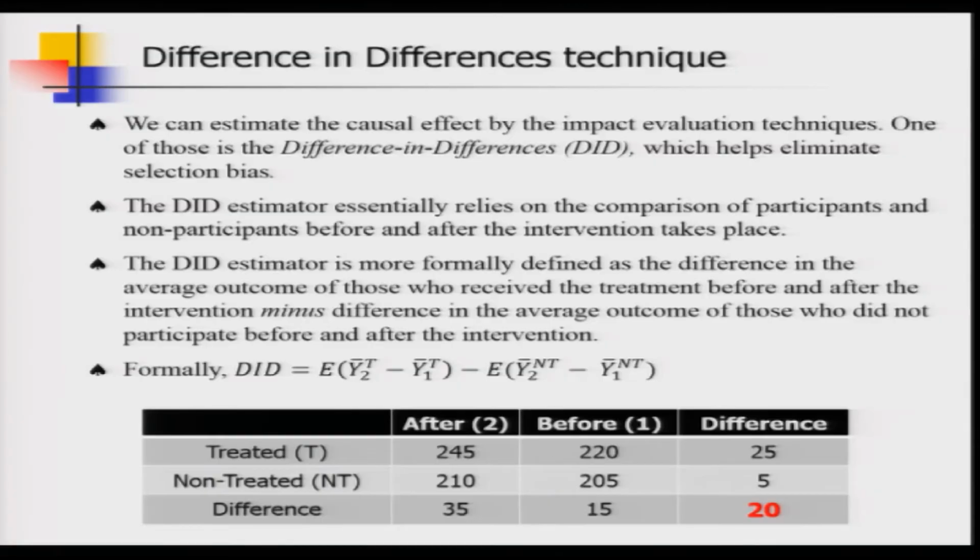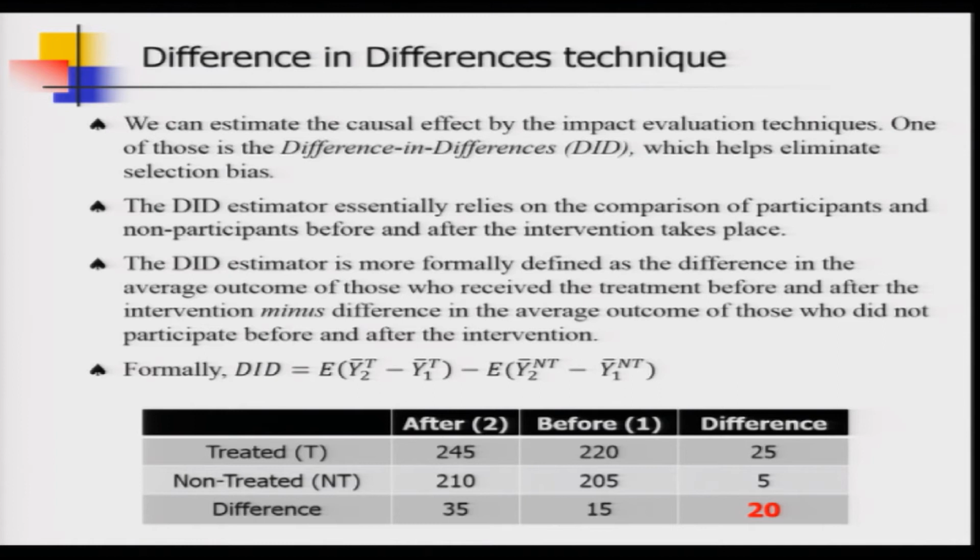Now, this is all theory expressed in terms of words. Let us now look at a very simple hypothetical example, so that we can understand how this technique works. Concentrate on the table shown at the bottom here, and you see that there are 4 cells with some numbers.